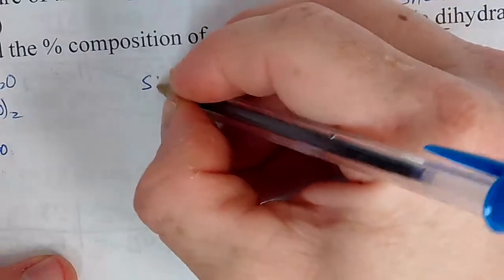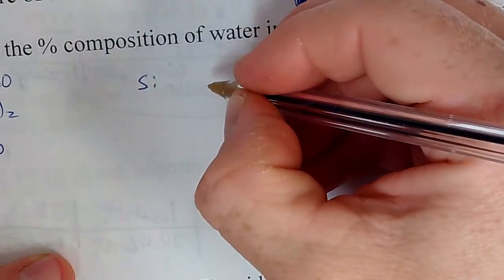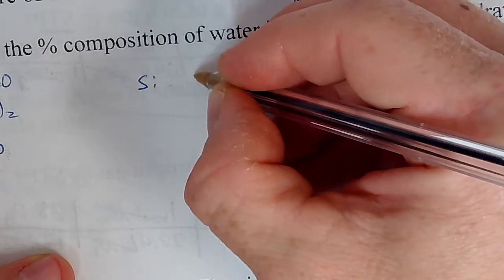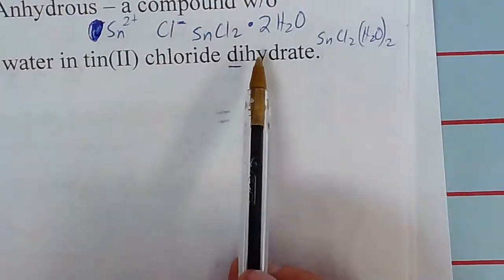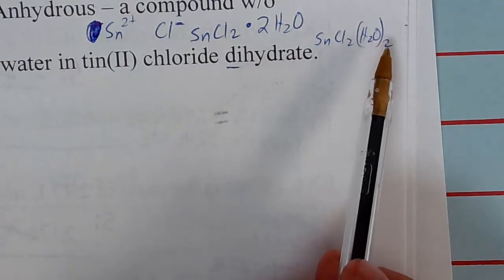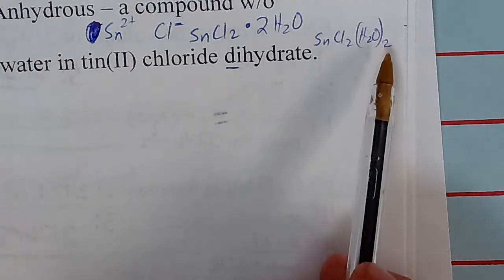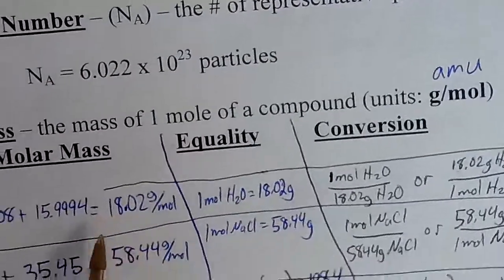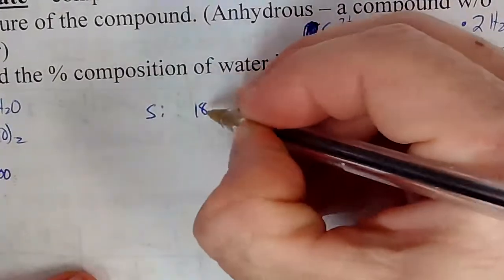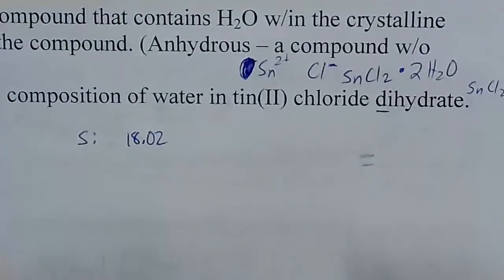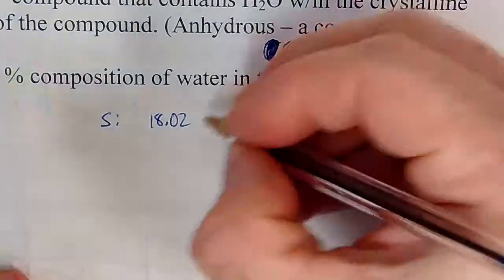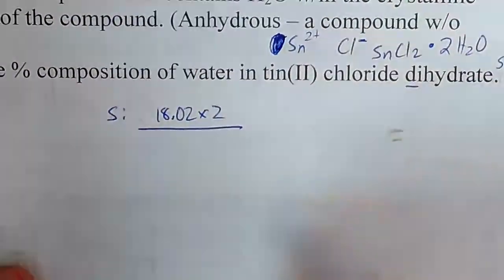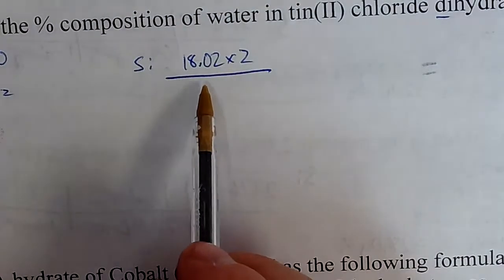So let's solve. Okay, what's the part of this that's water? H2O. How many of them are there? 2. Anybody remember the mass of water? We've already added it up. 18 point something, yeah. Oh, yeah, we added it up over here. It's 18.02, right? Okay, so that's the part water. But I'm sort of kind of forgetting something on purpose. Times it by 2. All right, and then what do I need on the bottom?